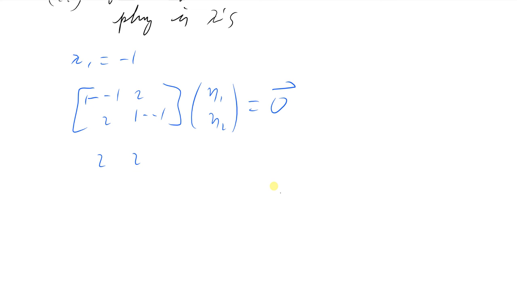So we have [2, 2; 2, 2] times nu1, nu2 equals 0, 0.